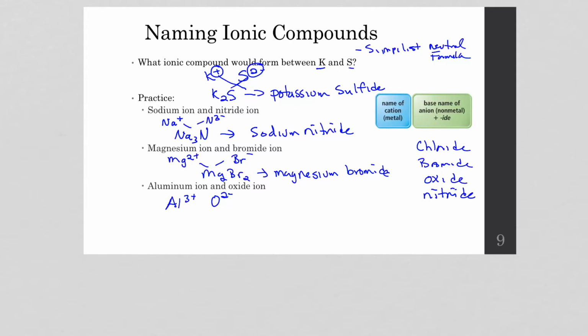So if we do our crossover, we get Al2O3, and our compound takes on the name of aluminum oxide.